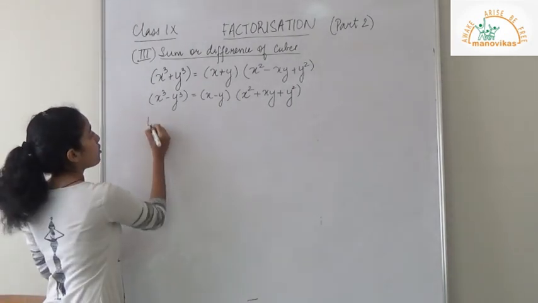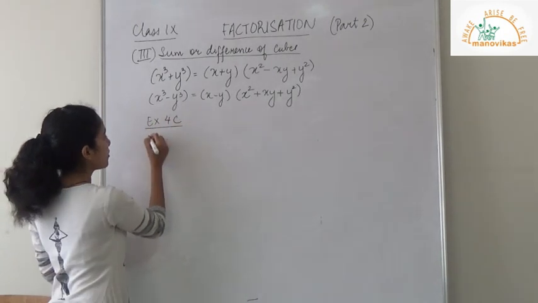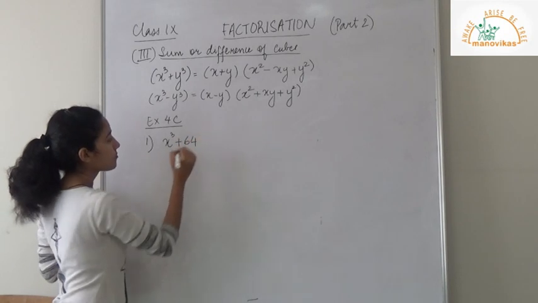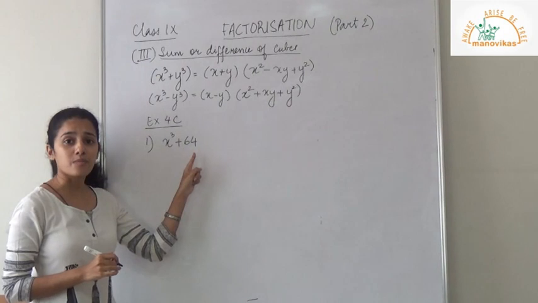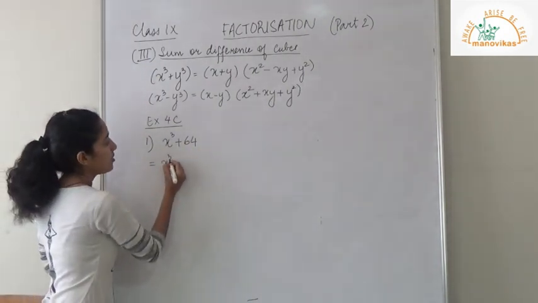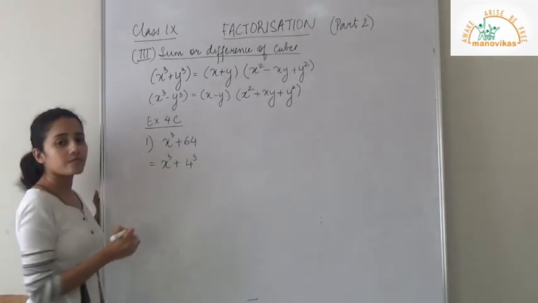Let us take the first problem from exercise 4C. Problem number 1. You have x cube plus 64. Since the next number is also a cube of a number, 64 is the cube of 4.